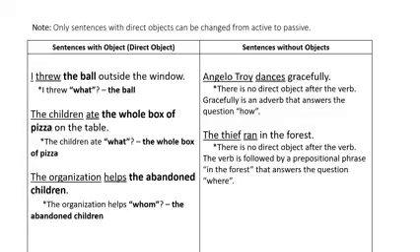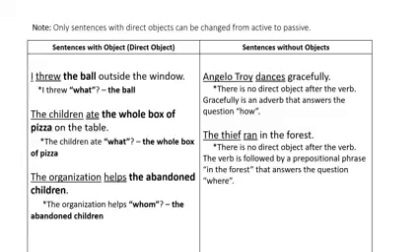The organization helps whom? The answer is the abandoned children. So the abandoned children is your direct object. As I mentioned earlier, a direct object answers the question what or whom after the verb.